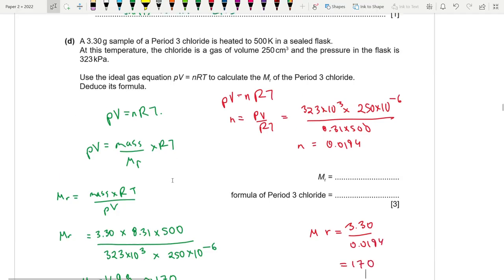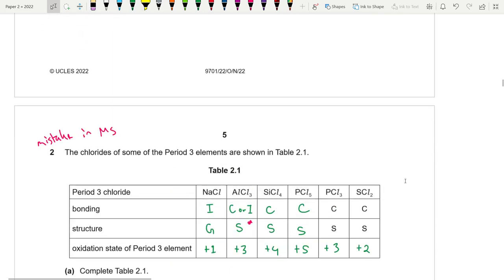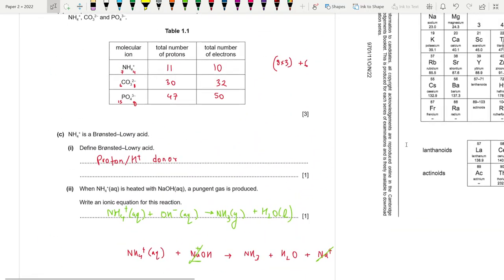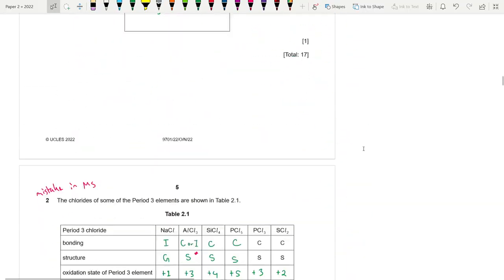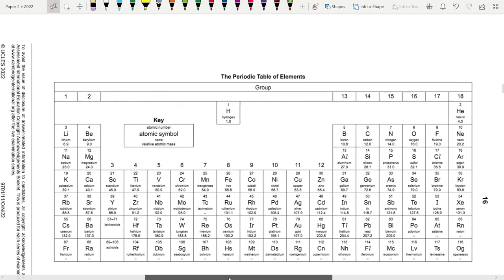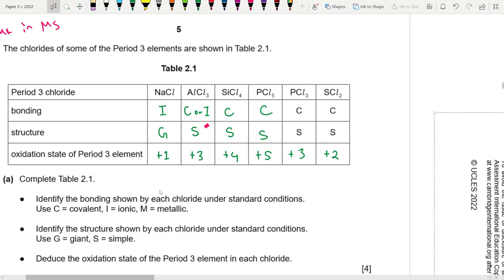Now it's a period 3 chloride, right? 170. So let's check these ones, okay? So 170, if we try with NaCl, let's see. So Na is 23, Cl is 35.5. 23 plus 35.5 gives us an answer of 58.5. That's a fail.